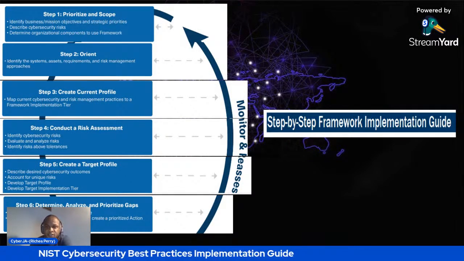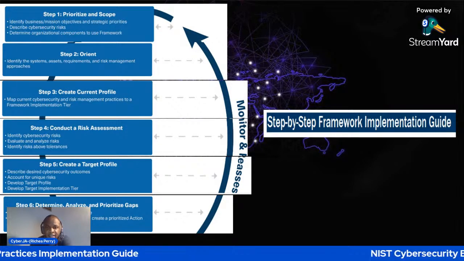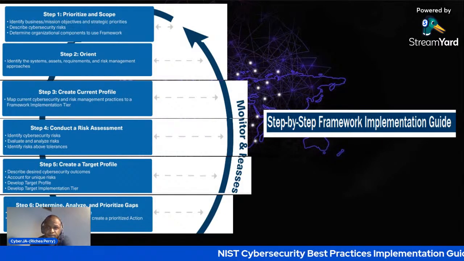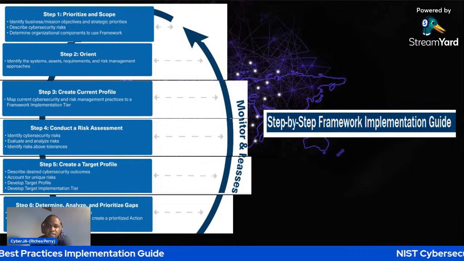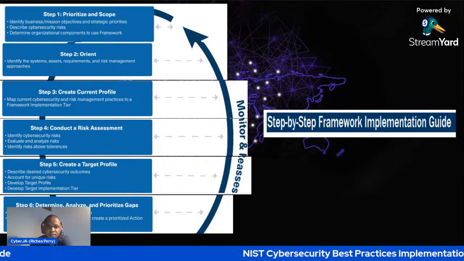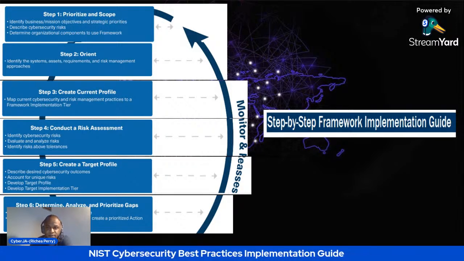Now, to address those gaps, it creates a prioritized action plan that draws on mission drivers, a cost benefit analysis, and an understanding of risk to achieve the outcomes in the target profile. The organization then determines resources necessary to address the gaps.